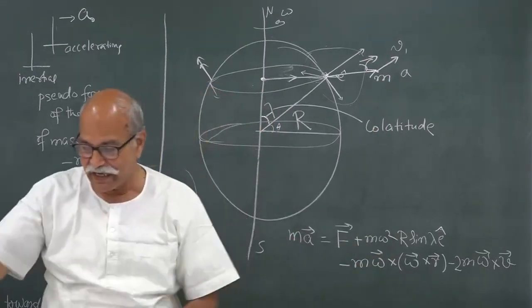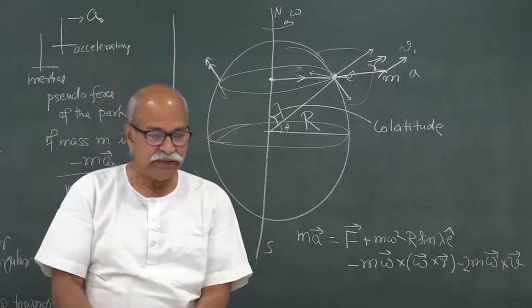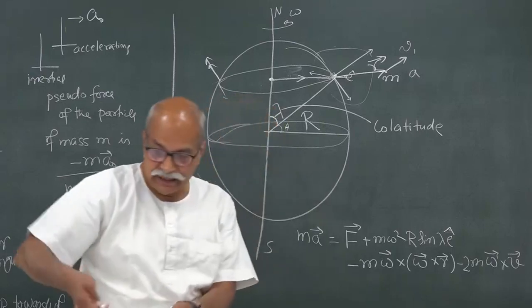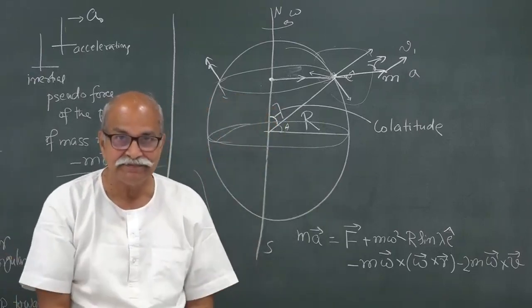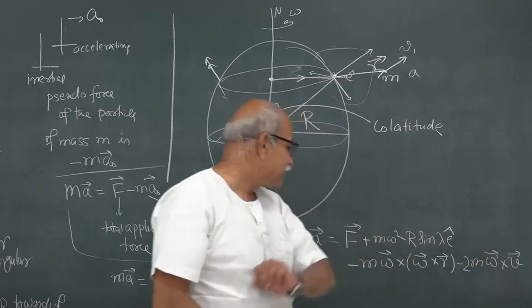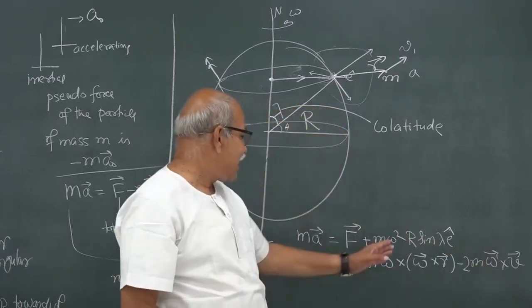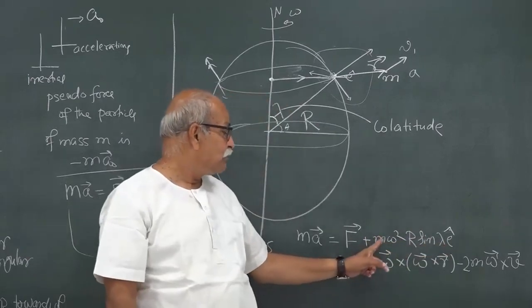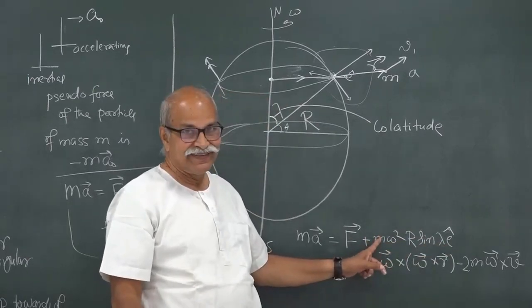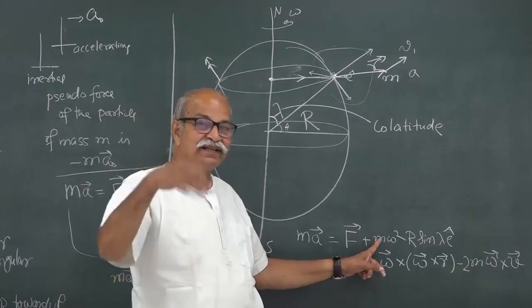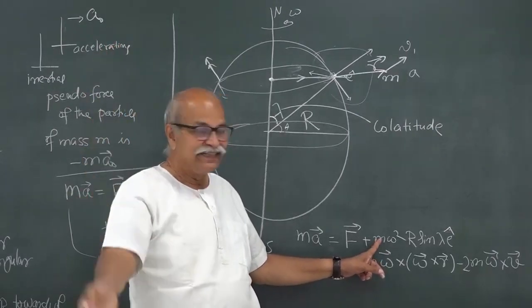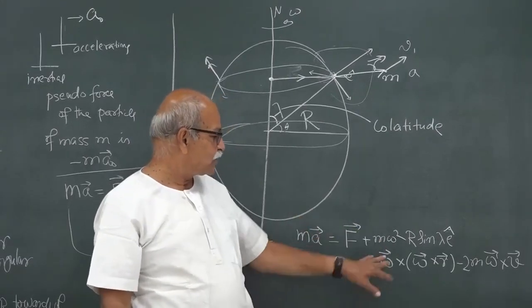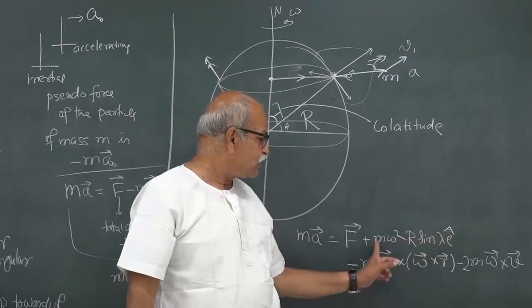If I am setting my axis system here, then whatever origin I choose, from there what is that r vector, that is here, and what is the velocity as seen by my frame, that is here. This is our Coriolis force, this is our centrifugal force, and this is a constant as far as the particle is concerned. Only the mass of the particle is here, otherwise the position of the particle and the velocity of the particle do not matter. And if I am writing acceleration, dividing by the mass, this mass also goes, and then this quantity is just constant.